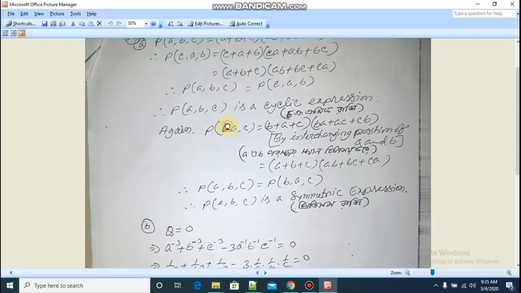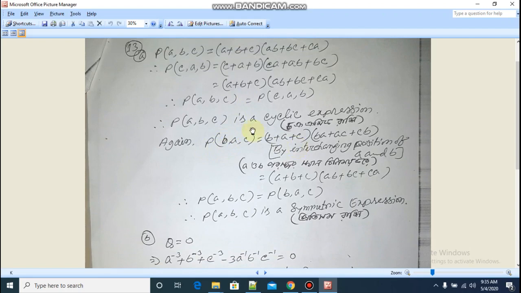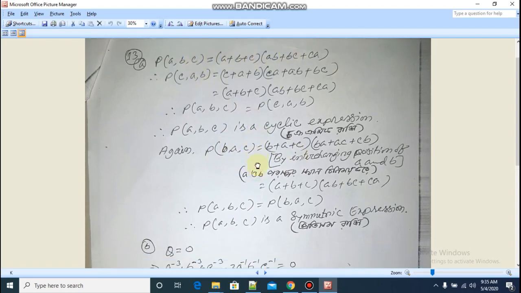Again, P of ABC is this. What is a symmetric expression? A symmetric expression has two conditions. First one, a symmetric expression has more than one variable. That means 2 variables, 3 variables, 4 variables, any number more than one. Second condition, if we interchange two variables, then we get a new expression.